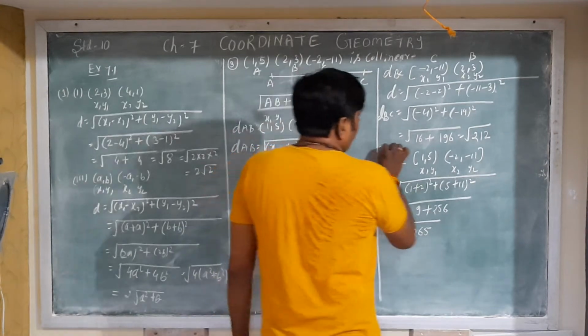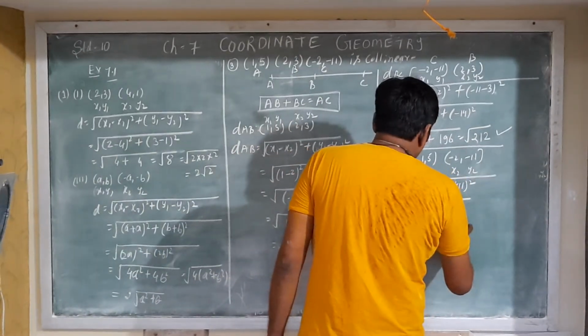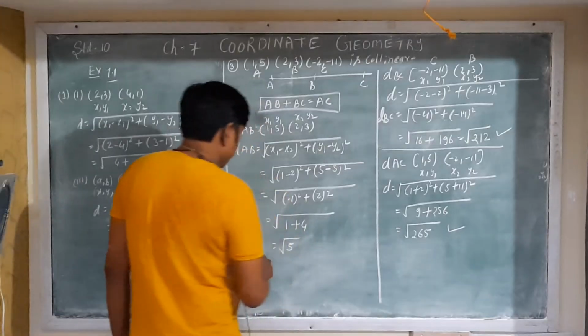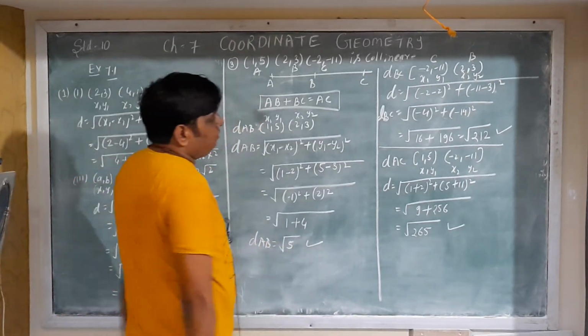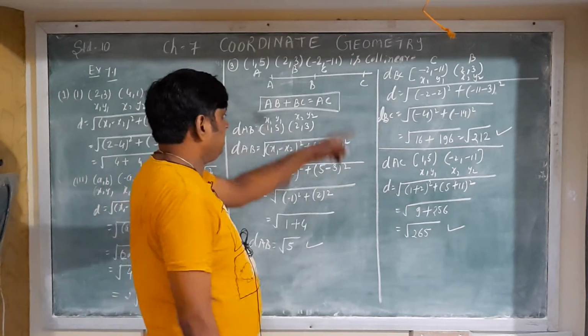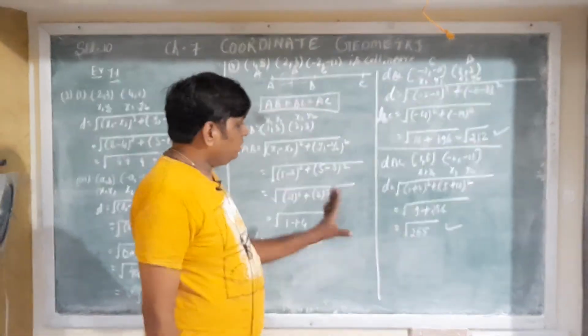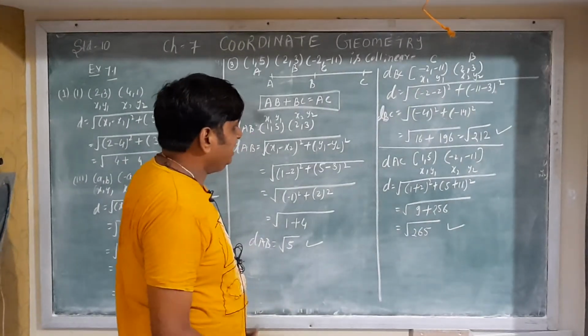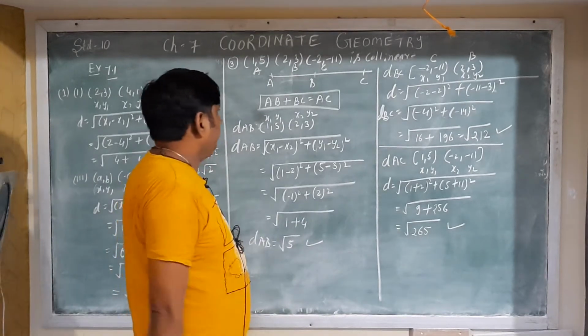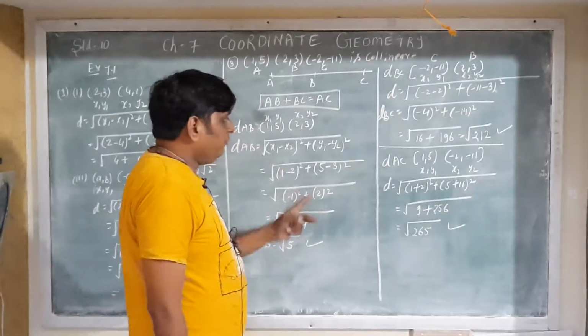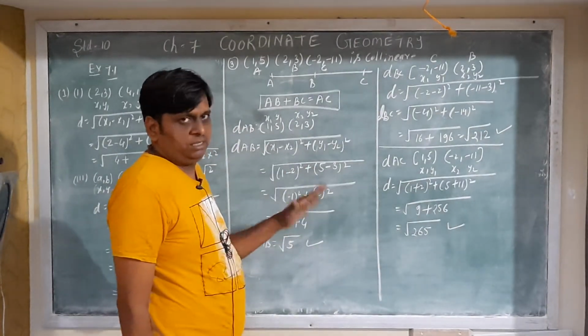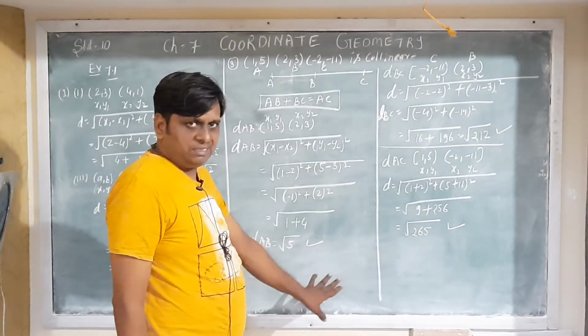Okay now, find the relation of AB plus BC and AC. You see, we do not get the format AB plus BC equal to AC. Sum of two distances equal to another distance is not possible here.